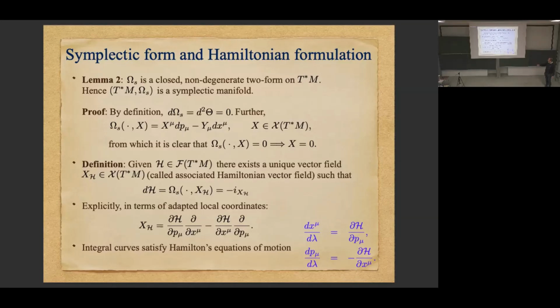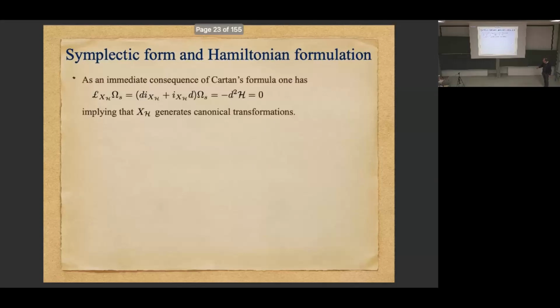And explicitly, in adapted local coordinates, you just use this formula, and then you find this explicit formula that you recognize from Hamiltonian mechanics. The integral curves of xh satisfy this equation, which is just Hamilton's equation of motion. So you have a geometric way of rewriting these things.